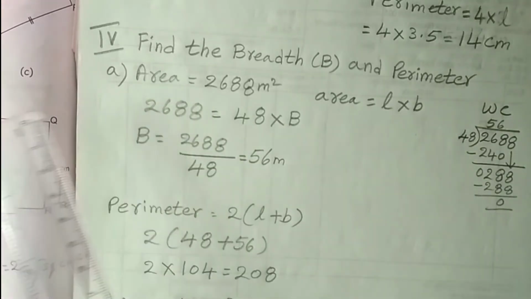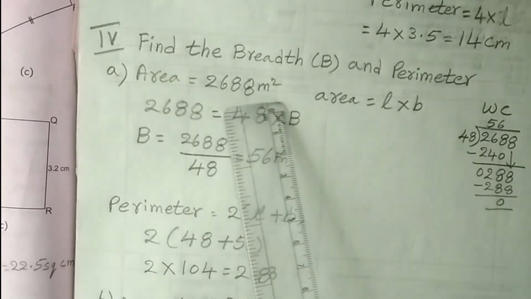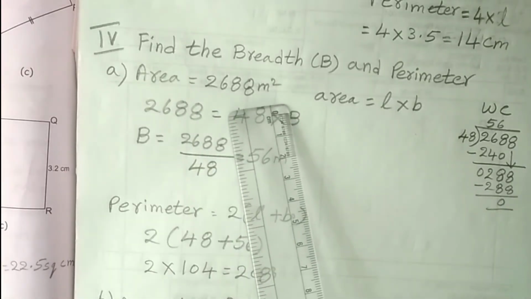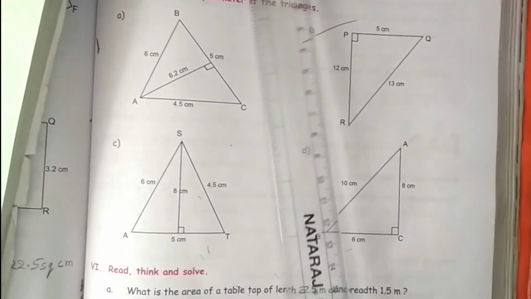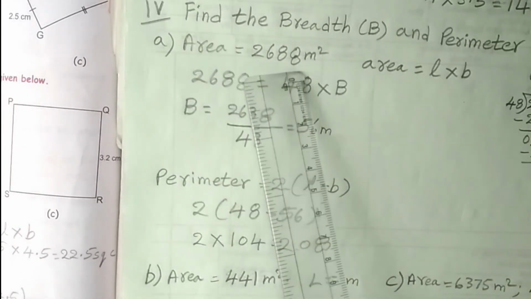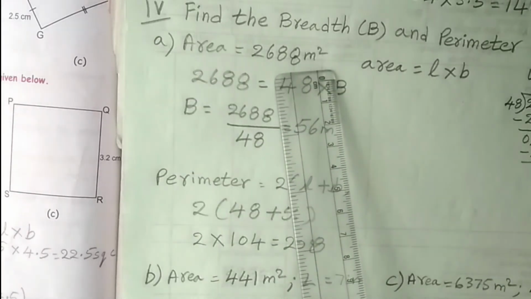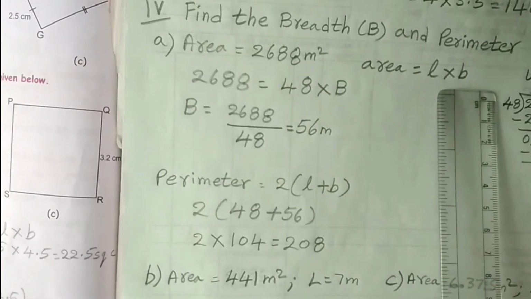Now, in the fourth bit, find the breadth B and perimeter. So they have given the question as area is equal to 2688 square meters and the length they have given here as 48 meters in the question C. So area is equal to 2688 square meters, that equals, what's the formula for this? Area is equal to length into breadth.